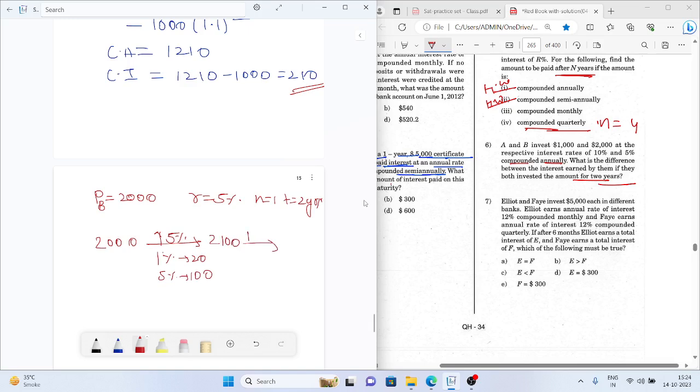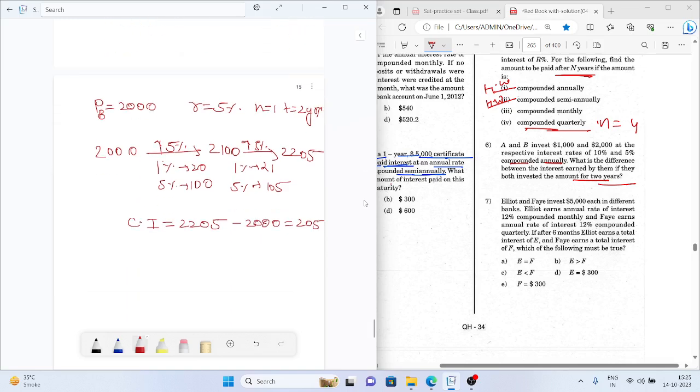Next, in the second year it again increases by 5%. So 1% is 21, 5% is 105. When you add this, the amount is 2205 and the compound interest is 2205 minus 2000, which is 205. But he asked for the difference between the interest of these two.